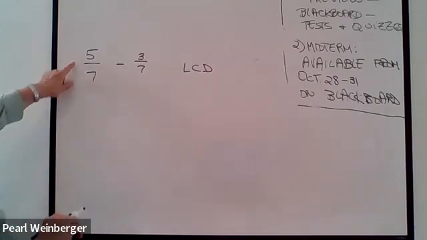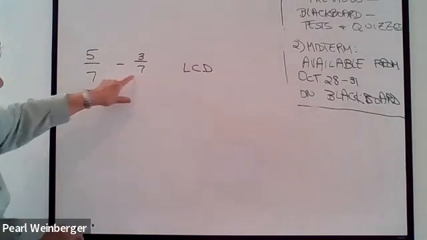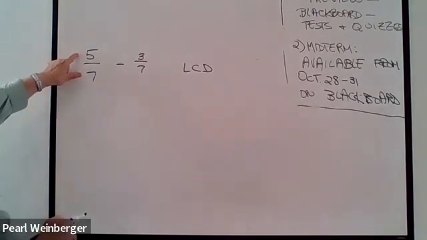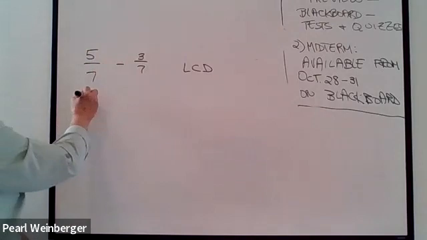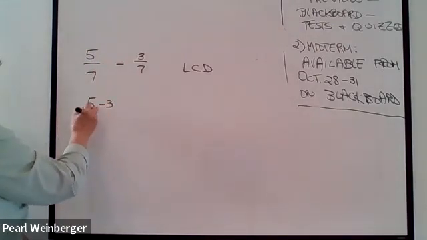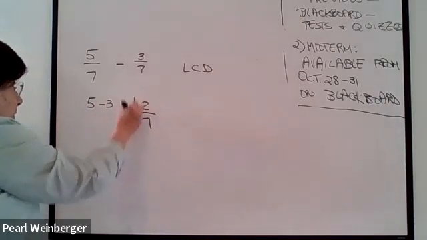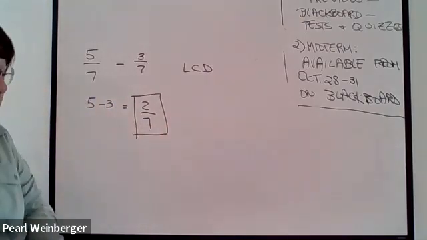If you notice here, I have 5/7 minus 3/7. They both have denominators of 7. They have a common denominator. Then what you do is you just combine the numerators. In other words, you do the 5 minus the 3, which is 2, and you put it over the common denominator, and your answer would be 2/7.